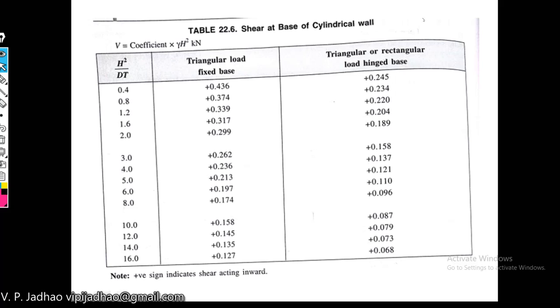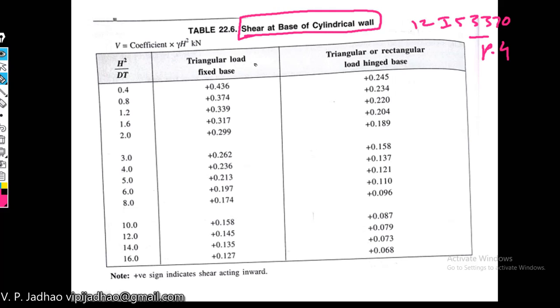This is table number 12 in IS 3370 part 4, the table which can be used for calculation of the shear at the base of your water tank wall. If the loading is triangular and a fixed base is there, we can use these values.